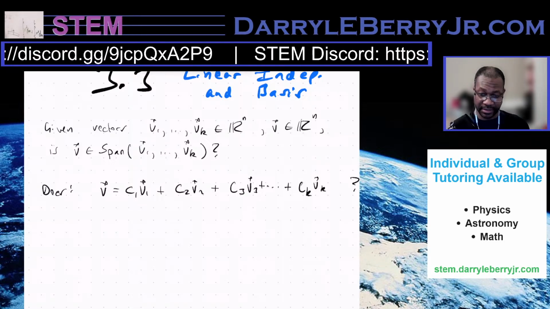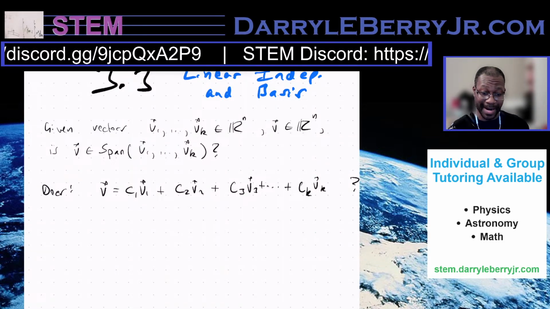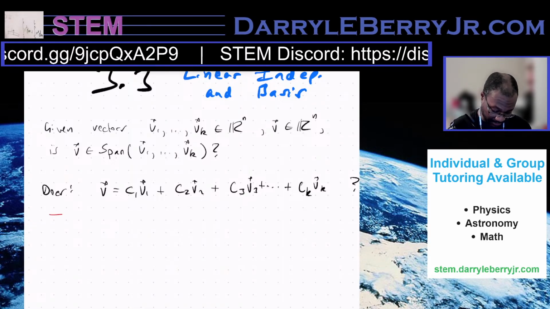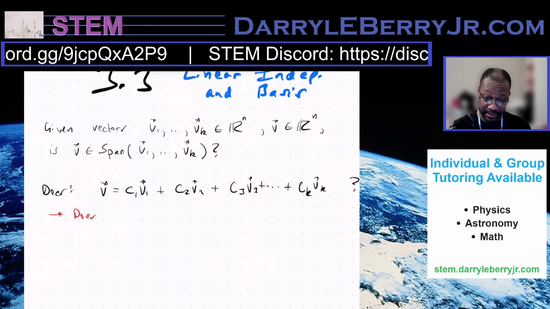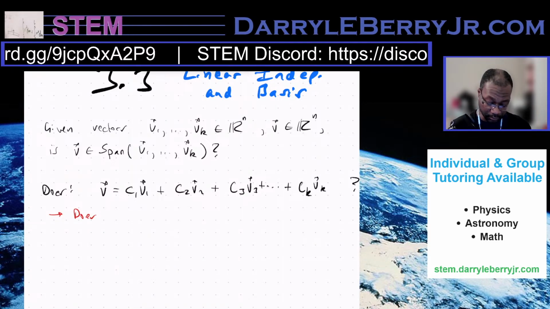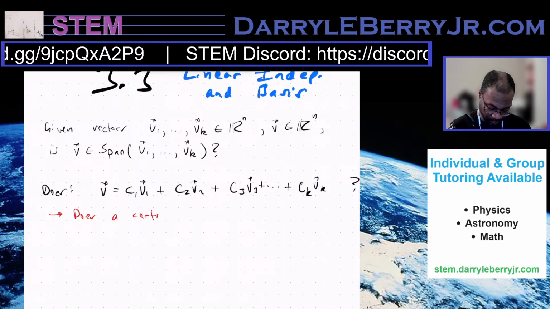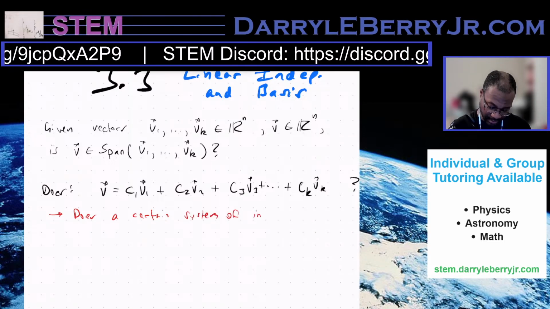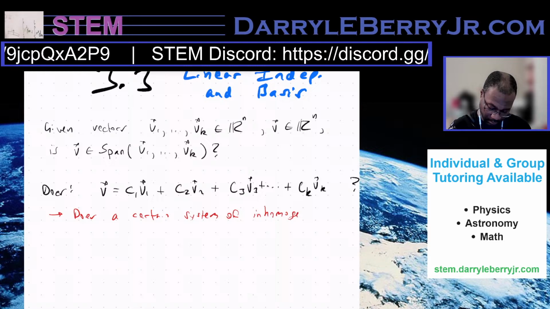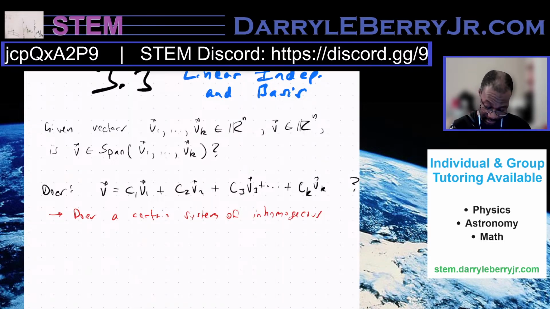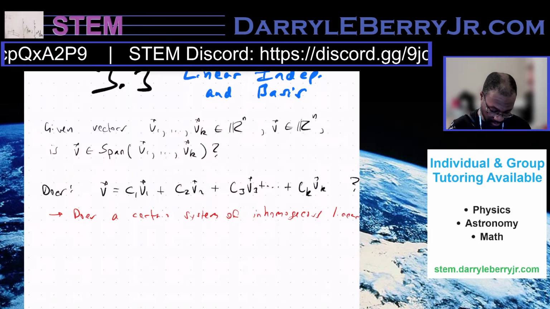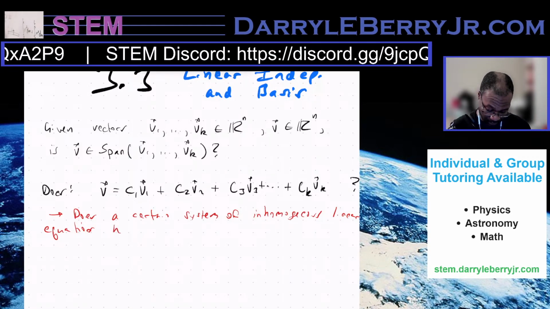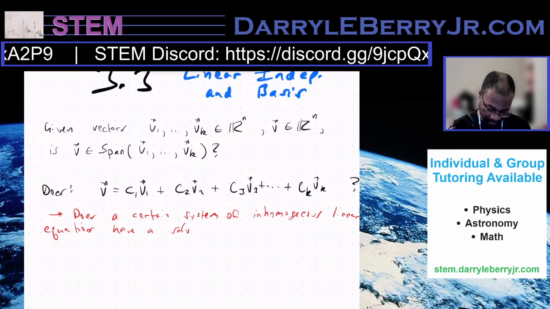As we are well aware, this is in turn a question of whether a certain inhomogeneous system of linear equations has a solution. So this is the same thing as saying, does a certain system of inhomogeneous linear equations have a solution?